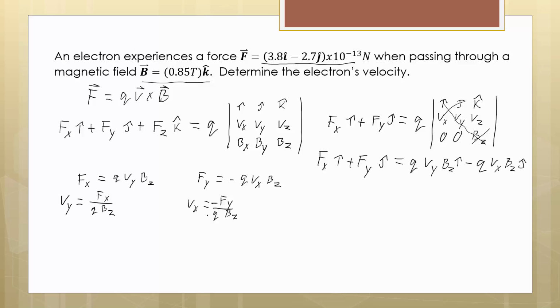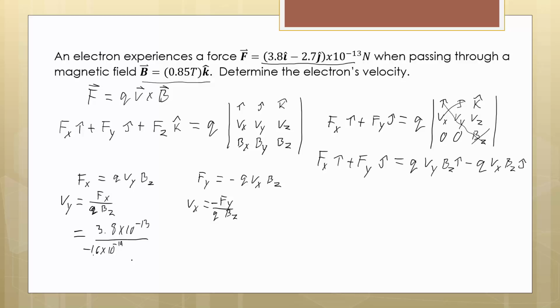From this point we can go ahead and plug in numbers. So we've got 3.8 times 10 to the negative 13th. Do we know q? Oh yes, it's an electron. So 1.6 times 10 to the negative 19th, and that is a negative charge.